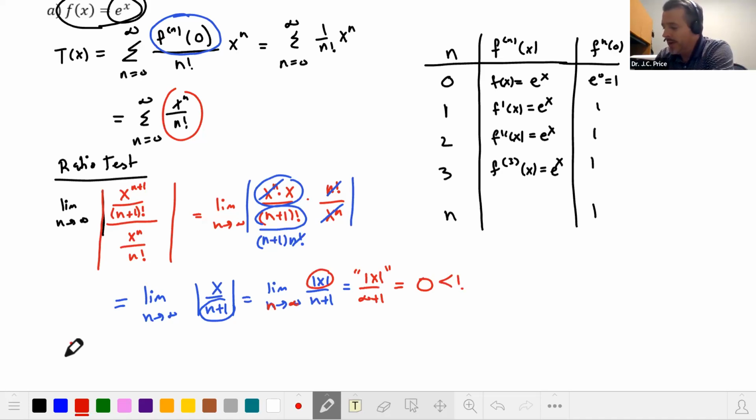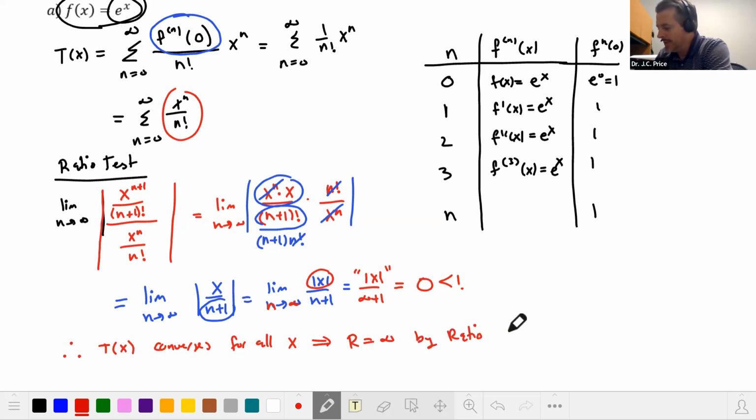So therefore, this power series T of x converges for all x by the ratio test. Oh, for all x, implying our r is equal to infinity by that ratio test.